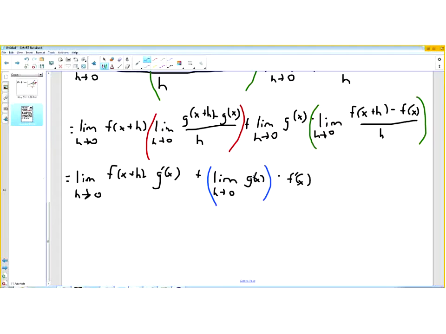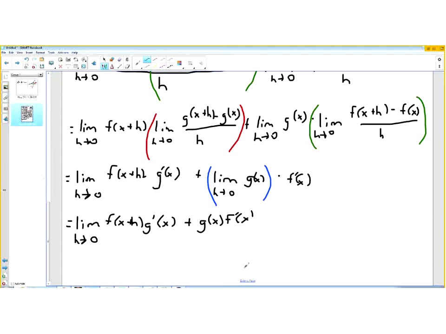So for all intents and purposes, g of x is considered a constant as h approaches 0. We can simply drop the limit operator, because g of x is a constant as you take h to 0. So that would be plus g of x times f prime of x.